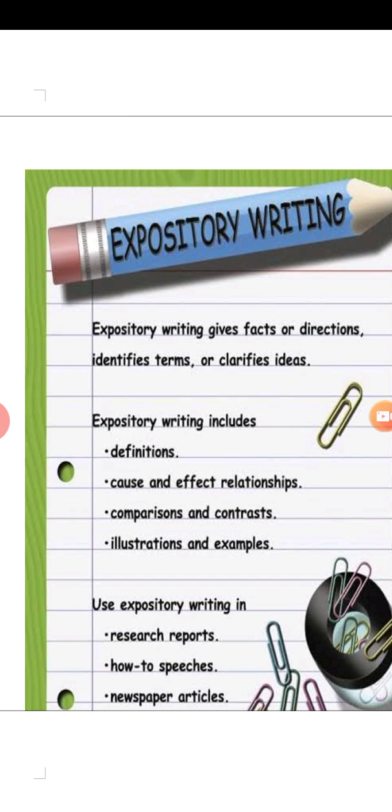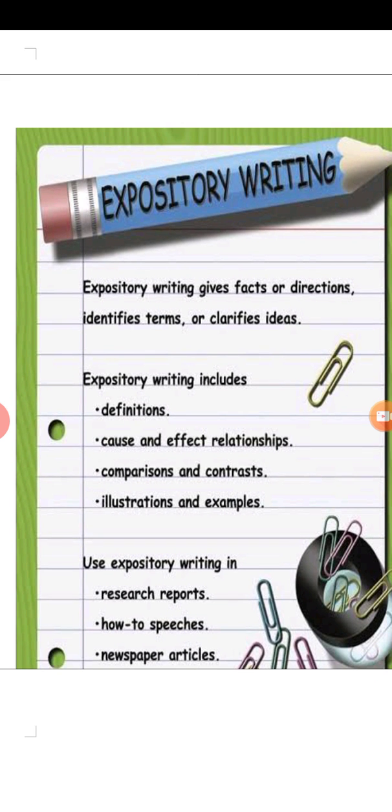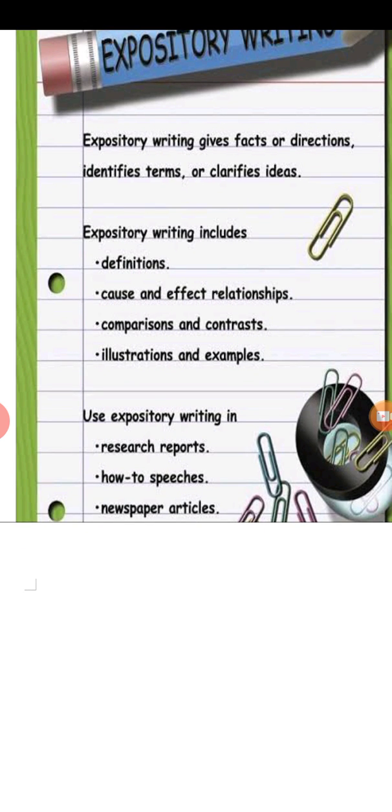discuss, point out. Expository writing gives facts or directions, identifies terms or clarifies ideas. If you have any ideas, you clarify that. Expository writing includes definitions. You want to define something, you explain something. Cause and effect relationships: this happened and then that happened.